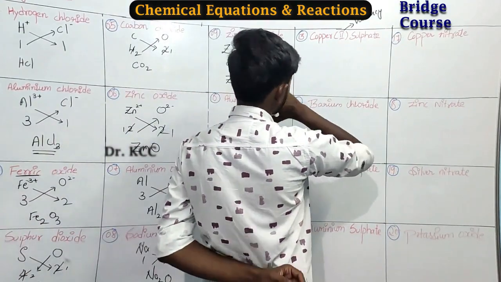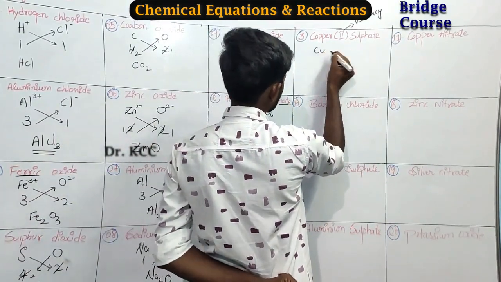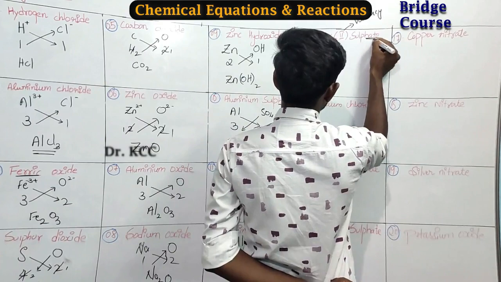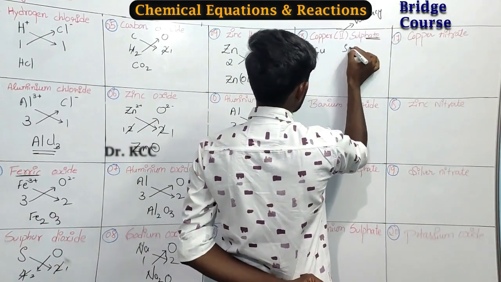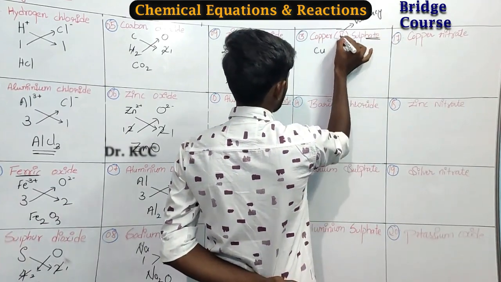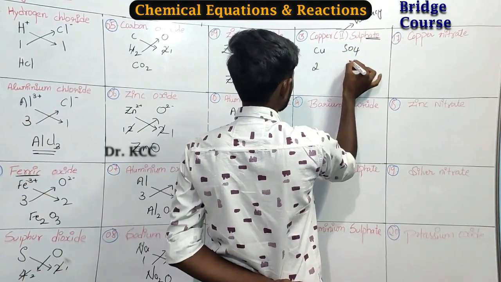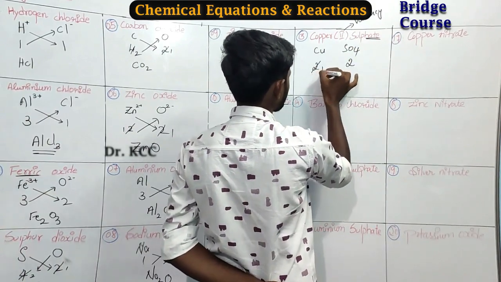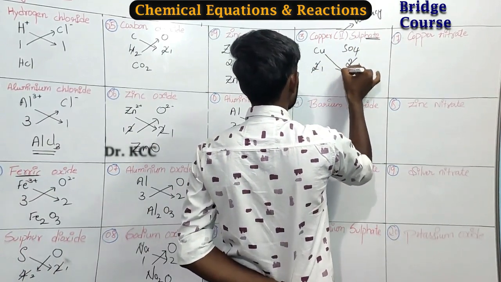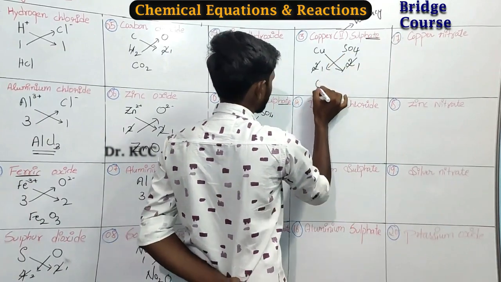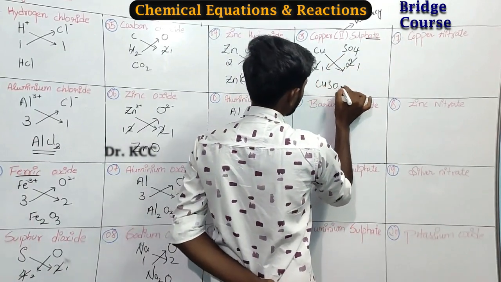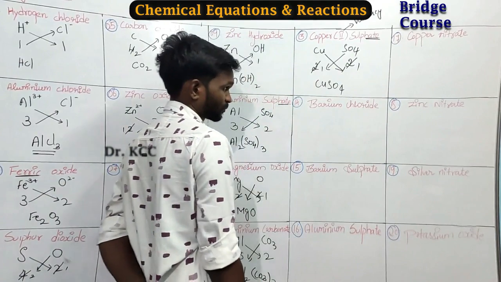Now copper 2. The copper symbol is Cu. Sulfate, this is ATE, that is SO4. Copper 2 means the valency is 2. Here the valency is 2. 2 ones are 2 ones are. Now cross multiply, you will get copper sulfate, CuSO4.